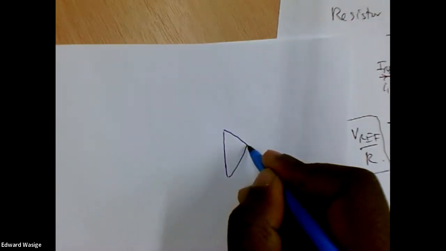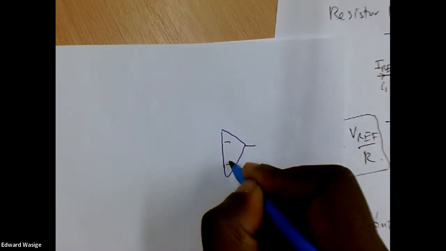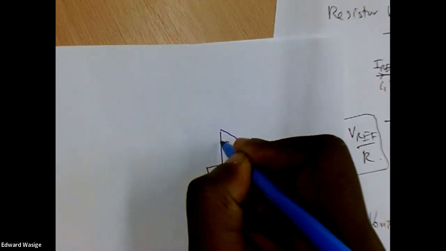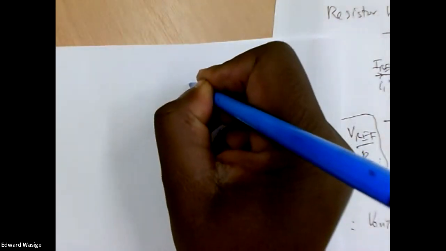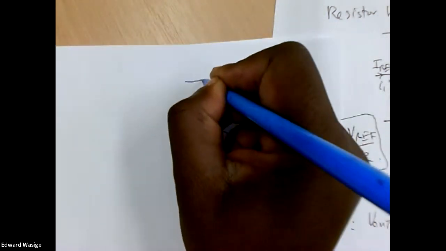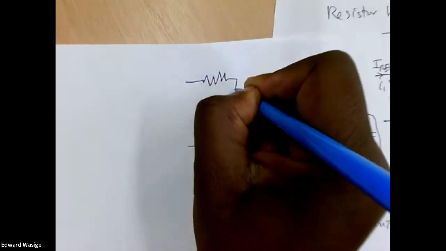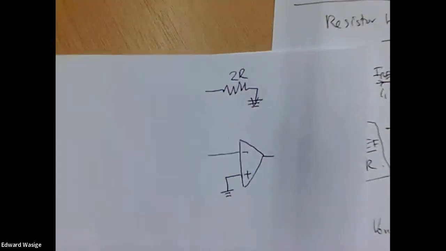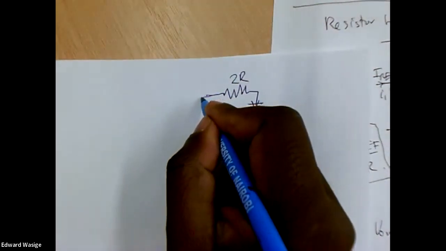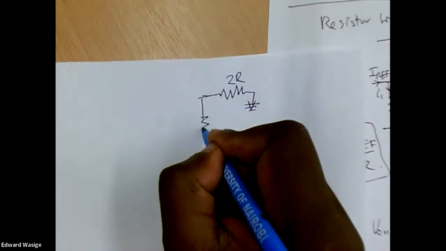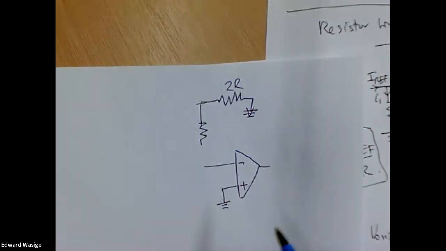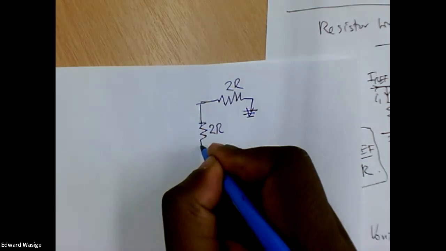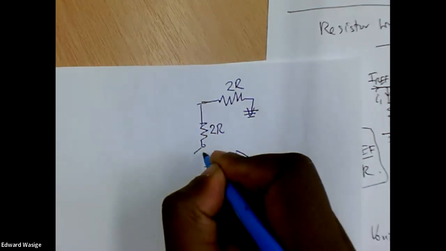I'll draw the summing amplifier, and for the summing amplifier, that's ground. And here, I'll have my terminating resistance, whose value is twice R. And the first resistance here, which takes an eighth of the current if we're doing 3-bit, that's also twice R. And at this point, we come into a switch.